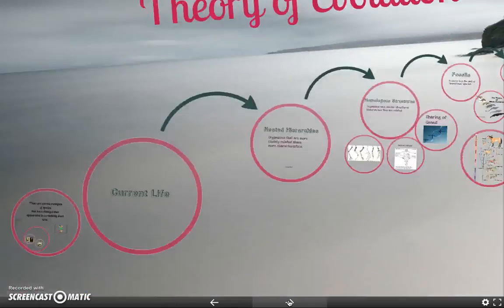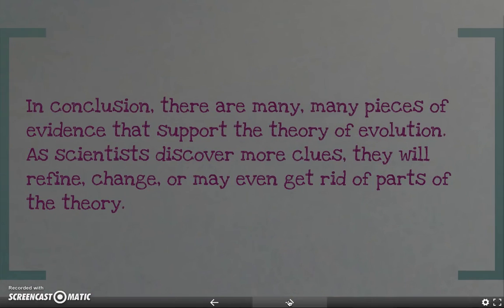So, all of this shows that there are many, many pieces of evidence that support the theory of evolution. As scientists discover more clues, yes, they're going to refine the theory. They're going to change the theory. They might even get rid of parts of the theory.